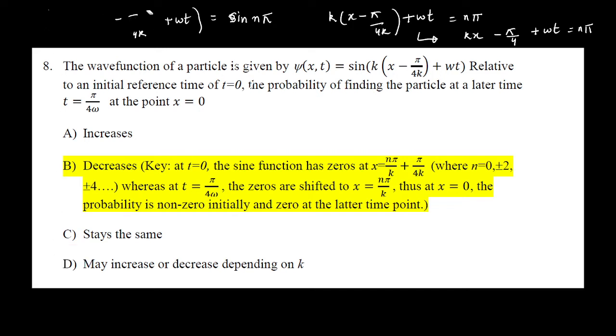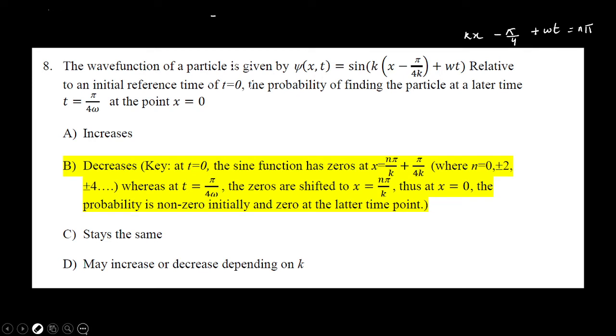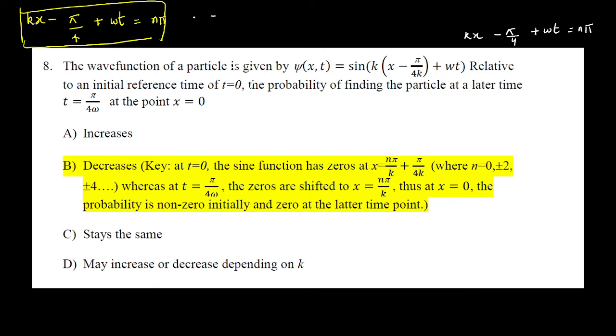Now let's substitute the values of two different times, t equals 0 and t equals pi by 4 omega. This is the overall equation: kx minus pi by 4 plus omega t equals n pi. We need to figure out the value of x at two different times.